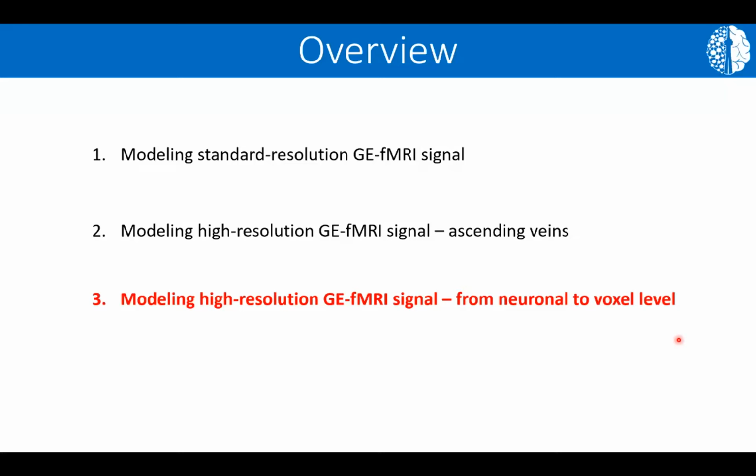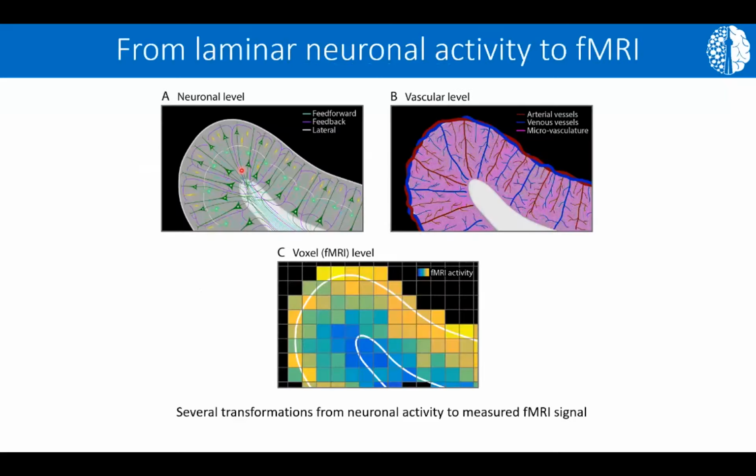Now, this second part, what I've shown is just the vasculature ascending vein effect. But if you want to model the entire chain, we have to model from the neural level, the vascular level, and the voxel level. The voxels are also limited resolution because in the previous considerations, we didn't have any voxels.